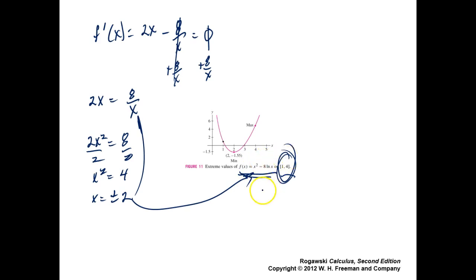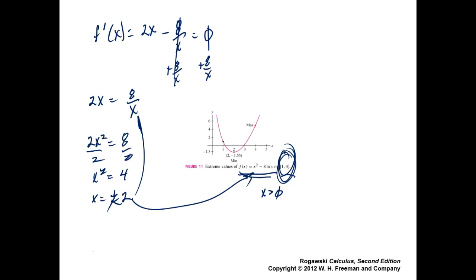Log x is only defined for x greater than 0, not equal to 0, not less than 0. So x equals minus 2 is out of the picture, just like 0 was out of the picture everywhere. So we're not concerned with x equals negative 2 or x equals 0 because the function's not defined at either of those two values.